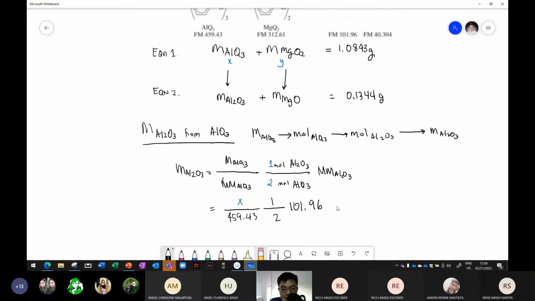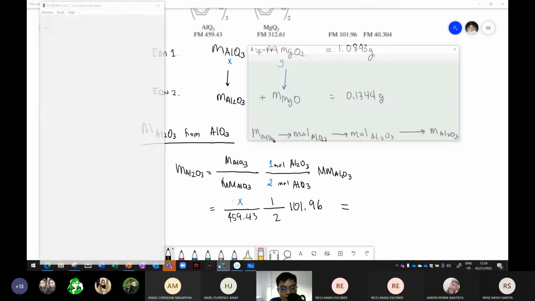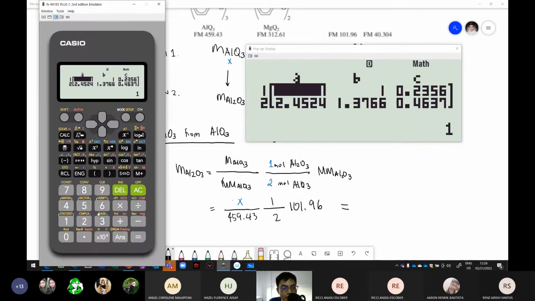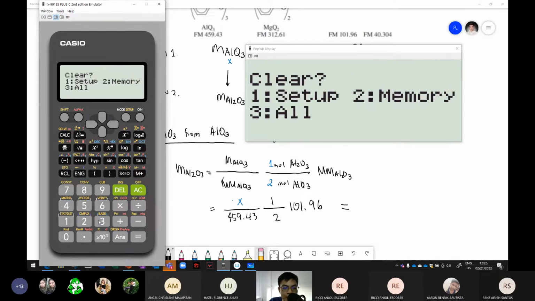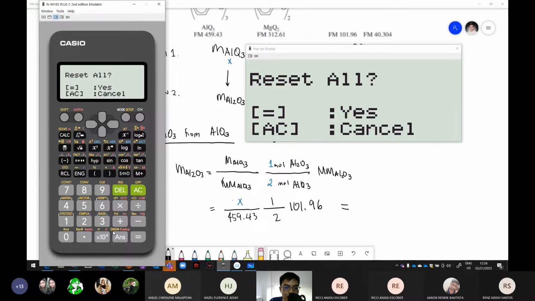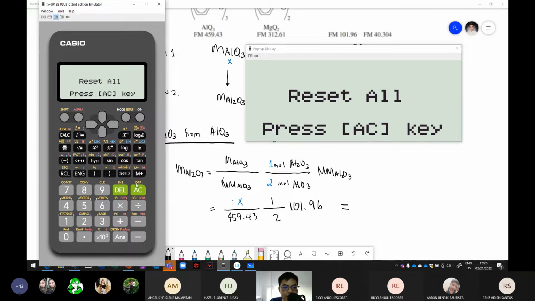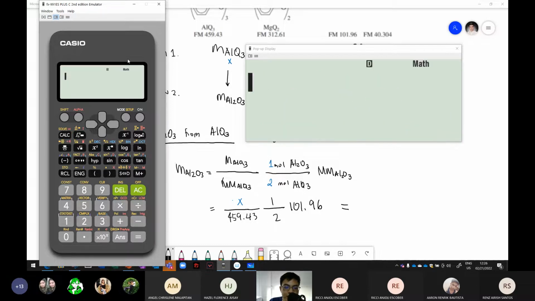Okay, that will give me an expression equal to, disregard mo muna yung x. By the way, para mawala to, for everyone, press shift, then press 9, clear, and then clear all, press 3, then equal sign, so that you will be back.